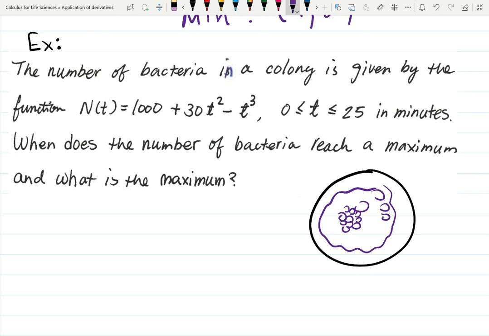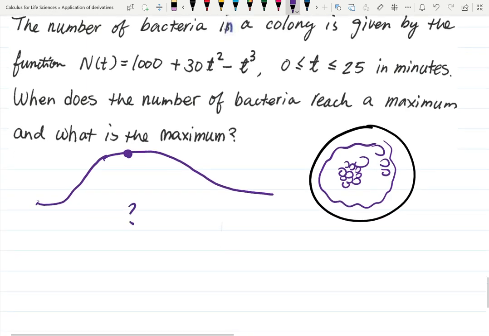The function usually looks like so: starting with the initial value, it jumps up because you gave them food and they have lots of space, so they don't have to fight for space. Then they reach the edge of the resources and it starts slowly degrading and they die out. So it makes sense to know when and what the maximum is.